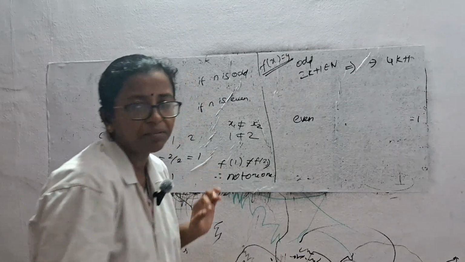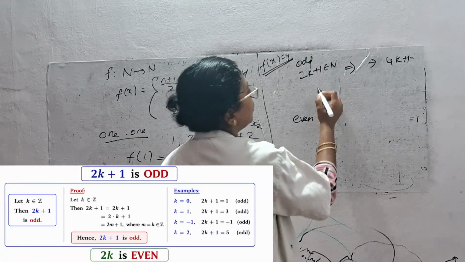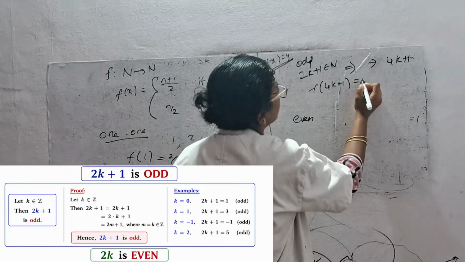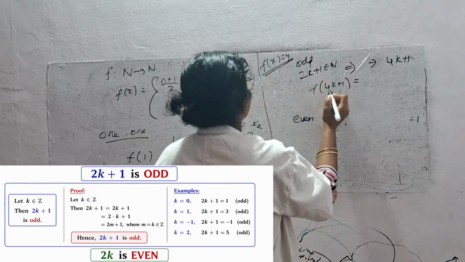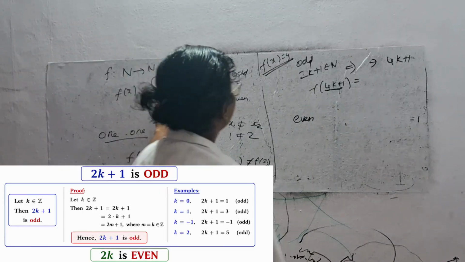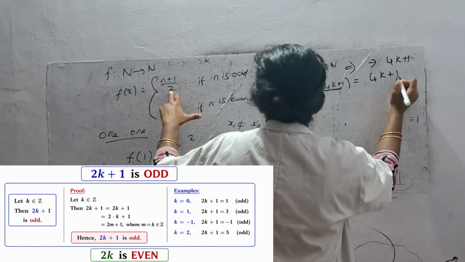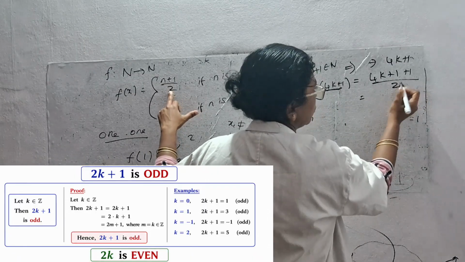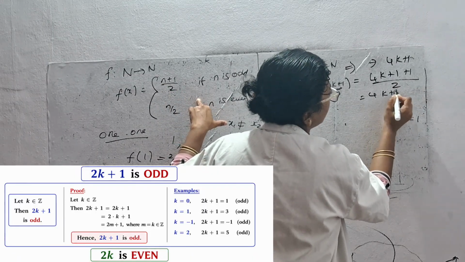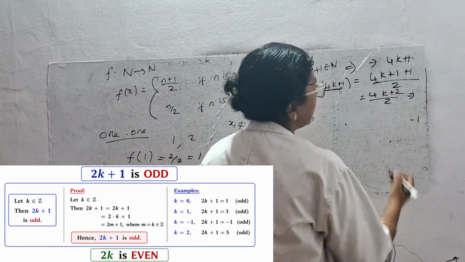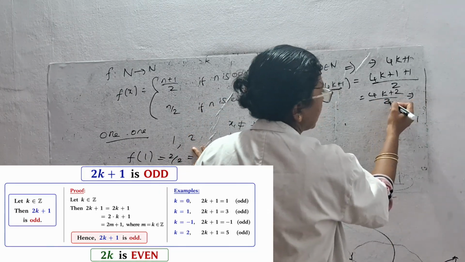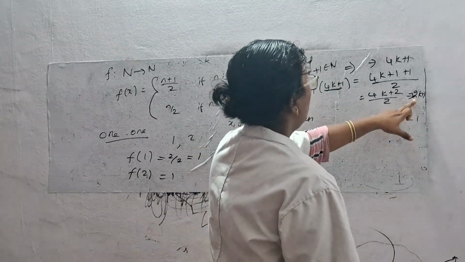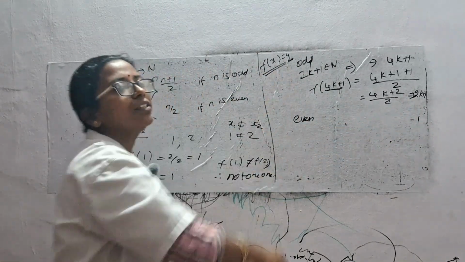For example, I take x as 4k plus 1, which is an odd case. Then f of x is 4k plus 1 plus 1 by 2. So 4k plus 2, taking 2 as common, I get 2k plus 1. Denominator 2 cancels, so the answer is 2k plus 1. f of x equal to y. So it is onto for the odd case.